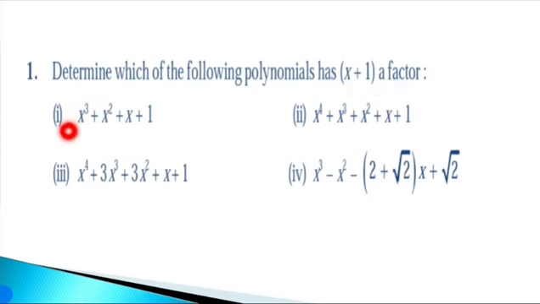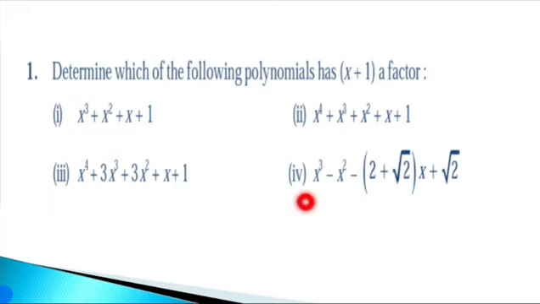Here the first sub question is x cube plus x square plus x plus 1, and the second sub question is x to the power of 4 plus x to the power of 3 plus x to the power of 2 plus x plus 1, and the third sub question is x to the power of 4 plus 3x to the power of 3 plus 3x square plus x plus 1.